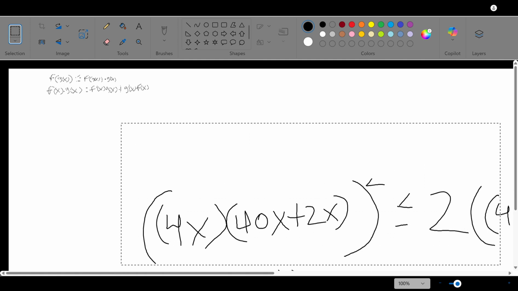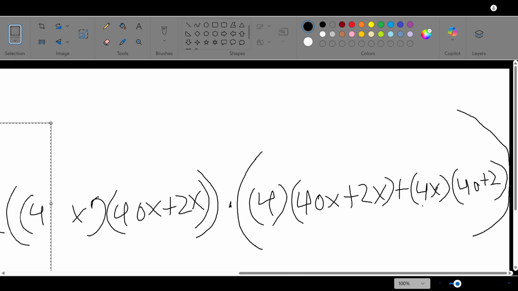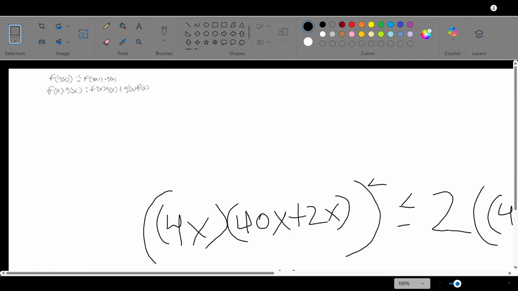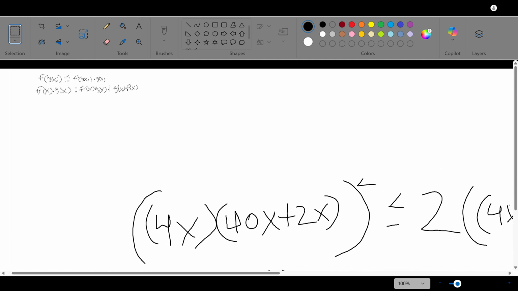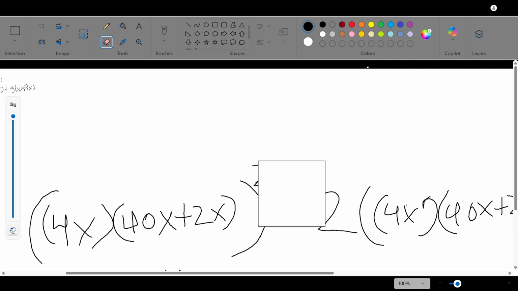And I accidentally took the 2 away. Oh well, I guess I can just make space. Anyways, so these are 2 different functions. My goodness gracious, what a mess.